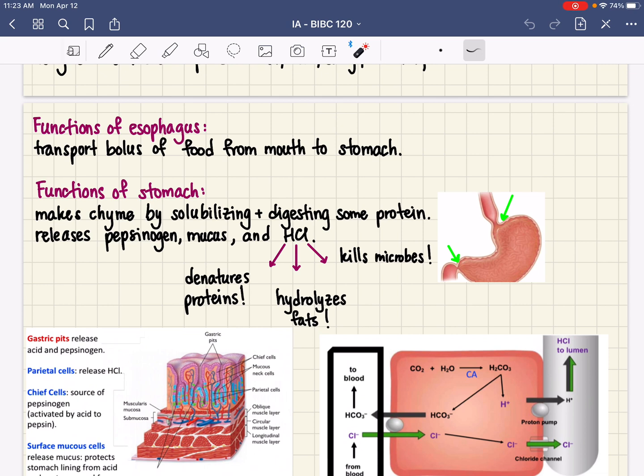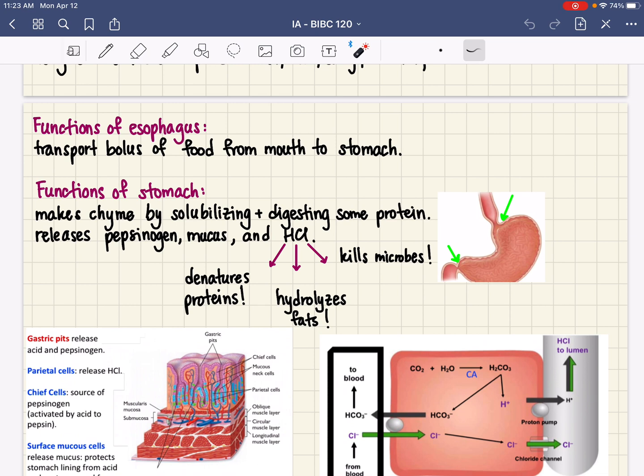The exact functions that the stomach has is to release pepsinogen. Pepsinogen is the inactive form of the enzyme pepsin, and pepsin is an enzyme that breaks down protein. The stomach also releases mucus, and most importantly, it releases HCl, hydrochloric acid.